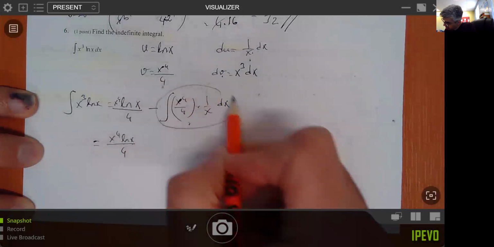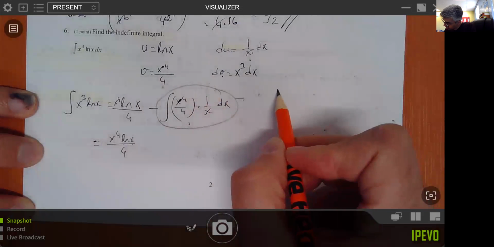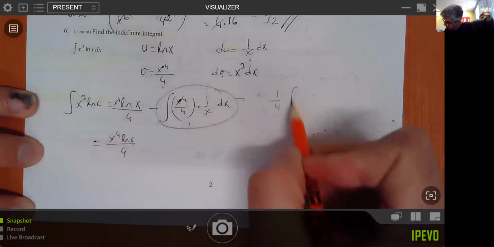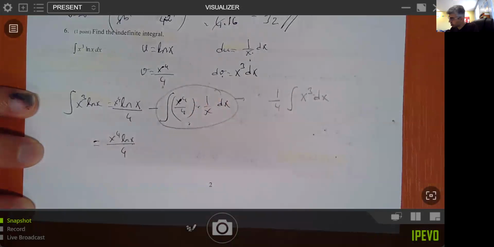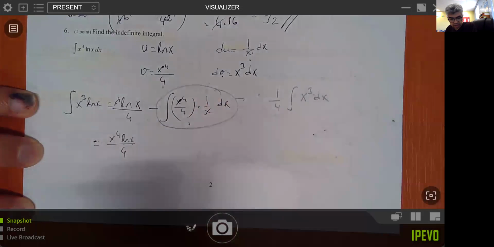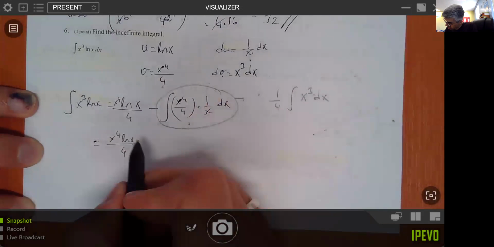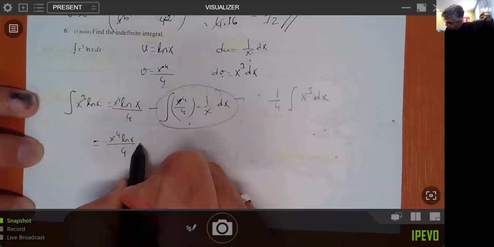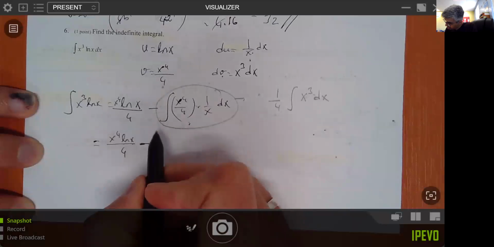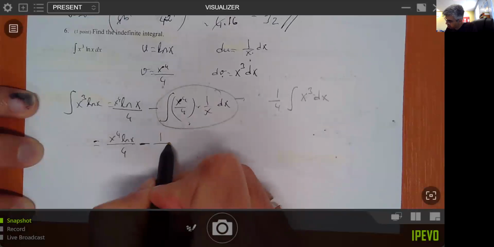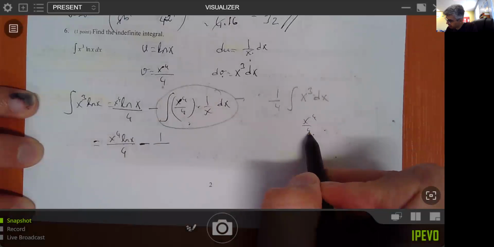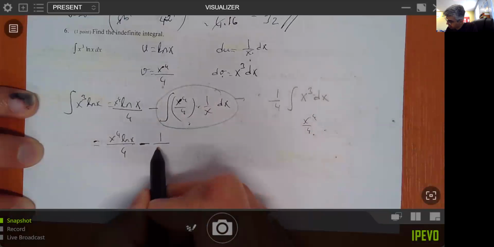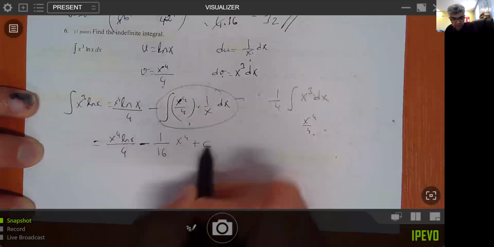This can be written as minus 1 over 4 integral x cubed dx. And if we calculate that integral, x to the power of 4 over 4, we will have 1 over 16, since 4 times 4 is 16, x to the 4 plus c.